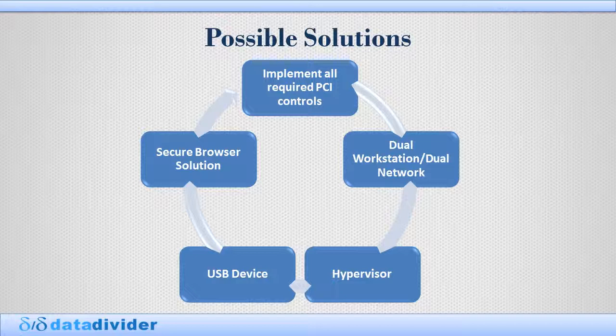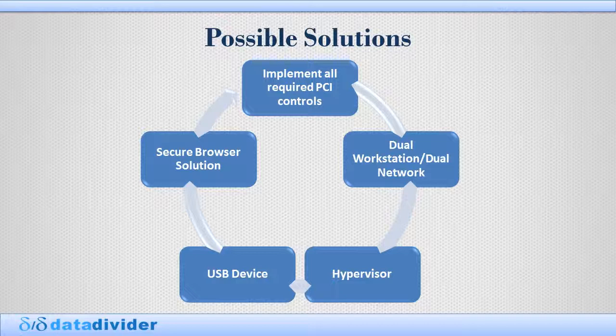This would typically encompass 10 out of the 12 requirements, or upwards of 200 security controls, including antivirus, patch management, personal firewalls, physical security, disk encryption, centralized log management, and file integrity monitoring. This option is typically the first to be rejected due to cost, usability issues, and lack of skilled engineering resources.